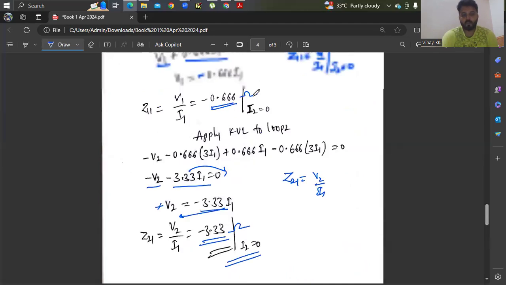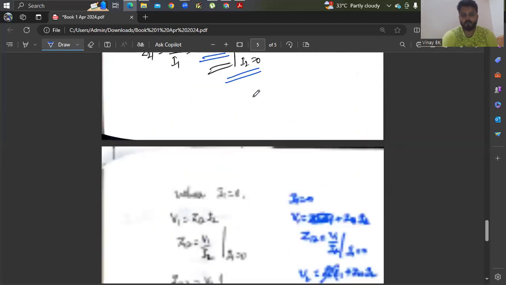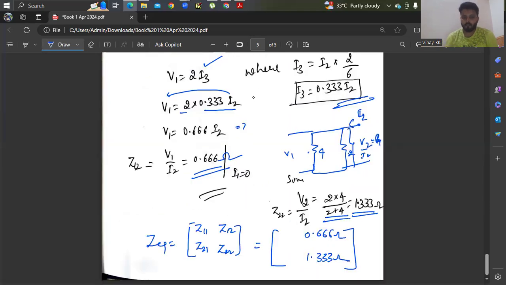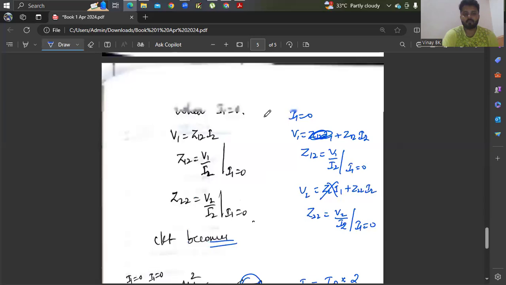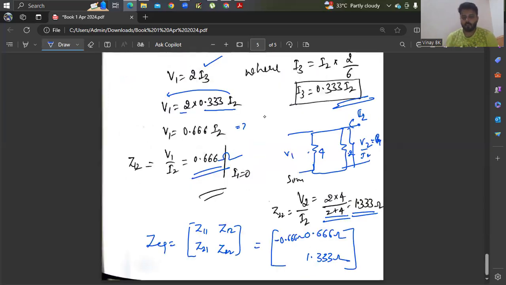Z11 is nothing but minus 0.666 ohm. Similarly, one more is Z21. Z21 is minus 3.33. Minus 3.33. These are the Z parameters.